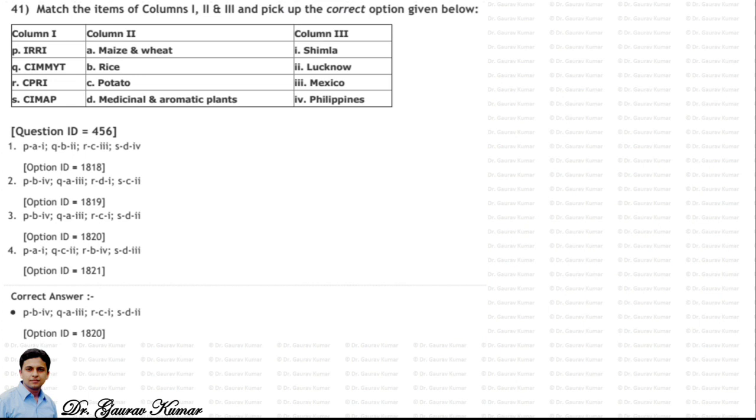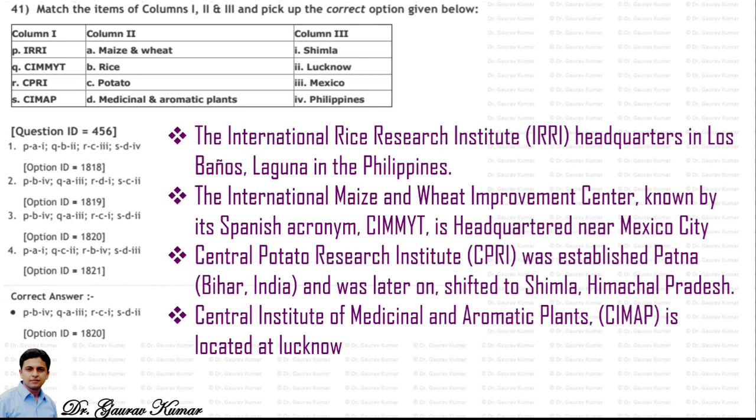So I'll just give the details of that, and then you can easily match and find the correct answer. So the International Rice Research Institute, IRRI, has its headquarters in Los Baños, Laguna in the Philippines. And as the name suggests, the International Rice Research Institute, obviously they work on rice.